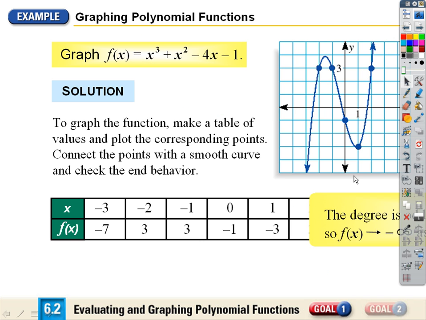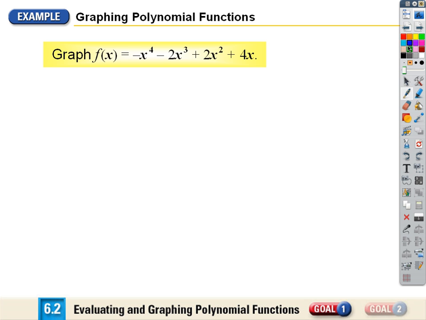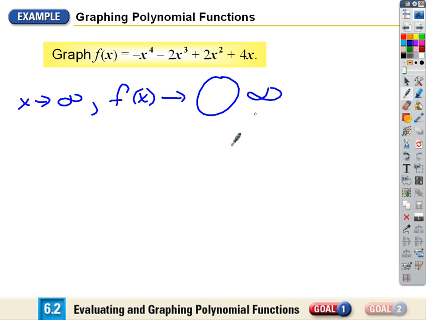What about this one? Look at this one. One last example. As x approaches positive infinity, f of x approaches what kind of infinity? Just look at the first term only. There's my first term.